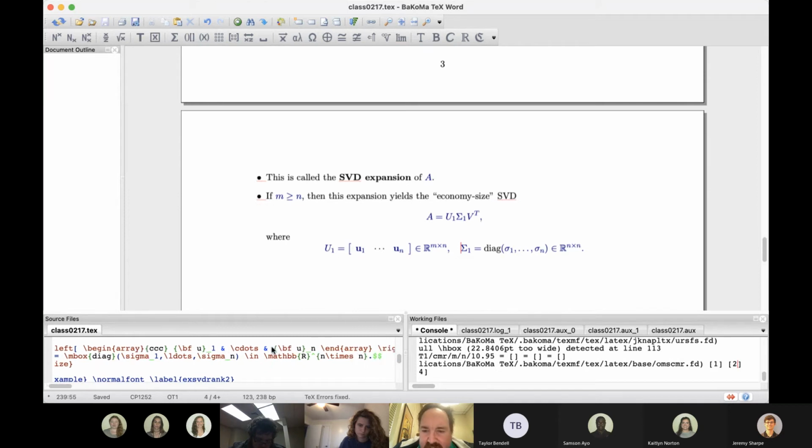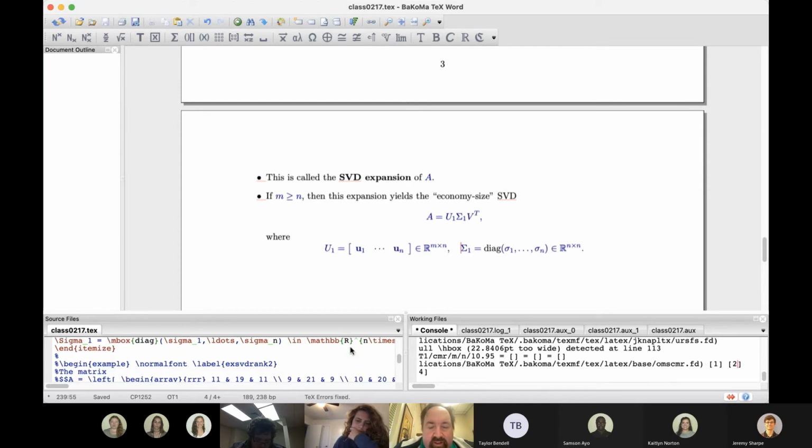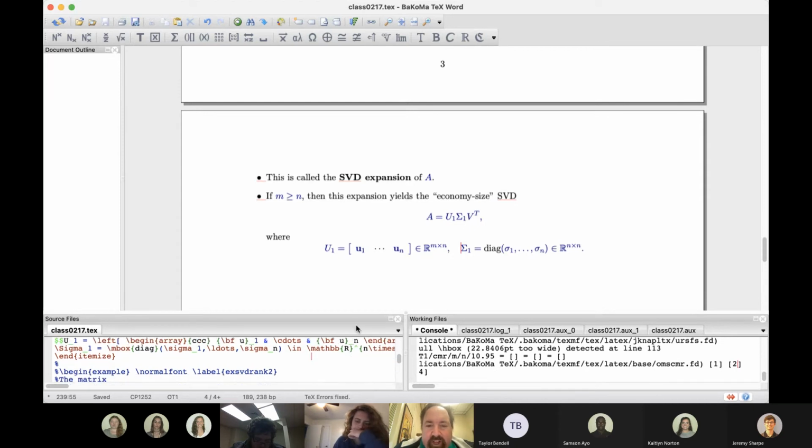What I can do is let U1 be the first n columns. And then Sigma 1 is an n by n matrix instead of m by n. And then this V is still the same one. Okay. And this is particularly helpful if A is full column rank, that we can write it this way.